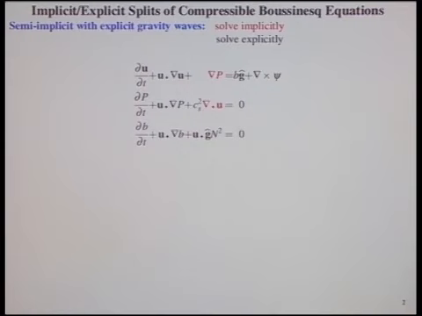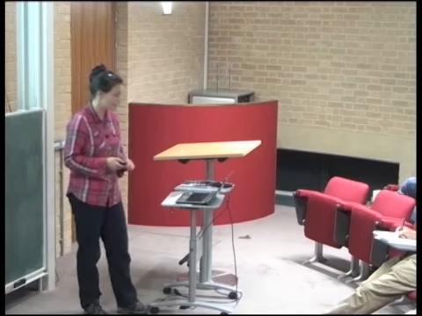And so for semi-implicit with explicit gravity waves, you'll have the gradient of pressure implicit and the divergence implicit. Then the momentum equation is substituted into the pressure equation to get a Helmholtz equation, and that's semi-implicit with explicit gravity waves.